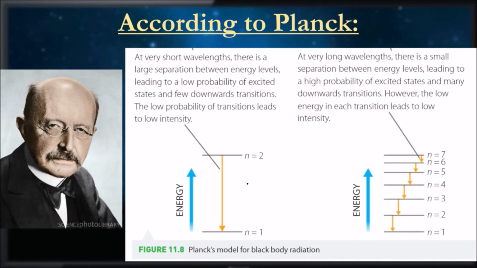If I had an electron and it wanted to shift from a high energy level to a lower energy level, there is an energy gap here, so there's energy here, there's energy here, it needs to release that energy to jump down. Usually that energy released comes in the form of electromagnetic radiation.